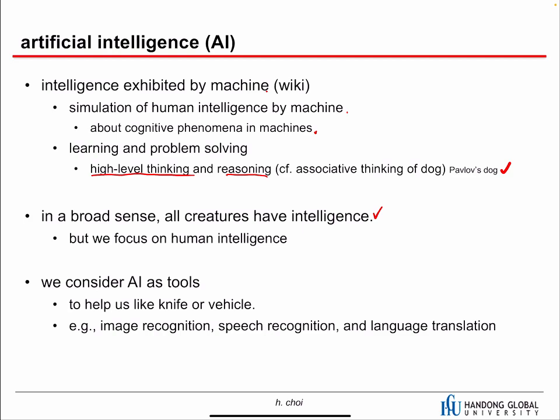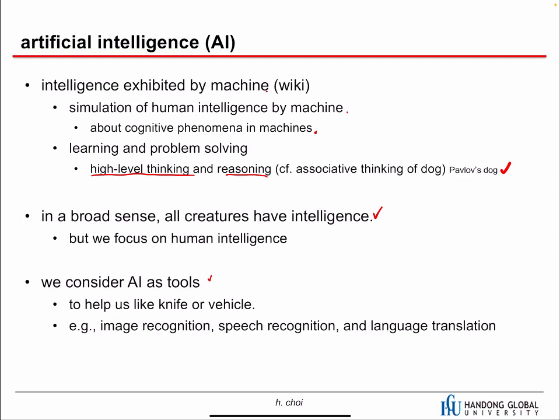And we consider AI as tools. Some people might have some fear that we might have to fight against AI in the future. But at least in this class, we focus on AI as tools. AI can help us like a knife or a vehicle. We don't fight against a knife or a vehicle, right?